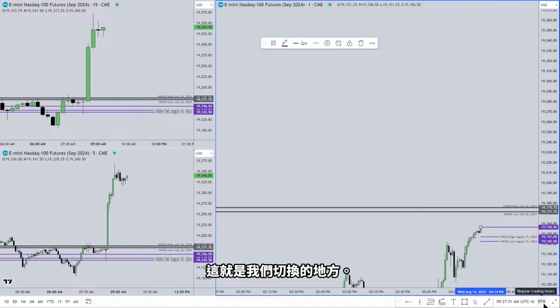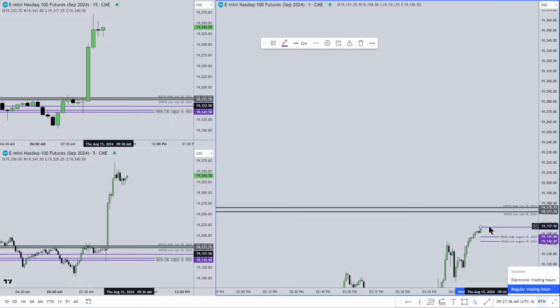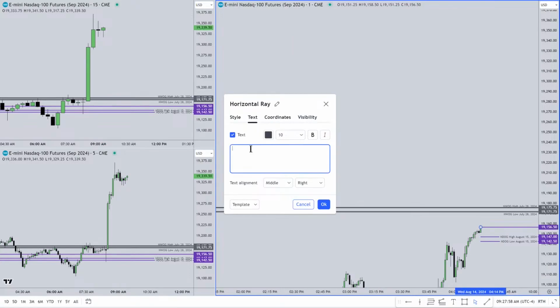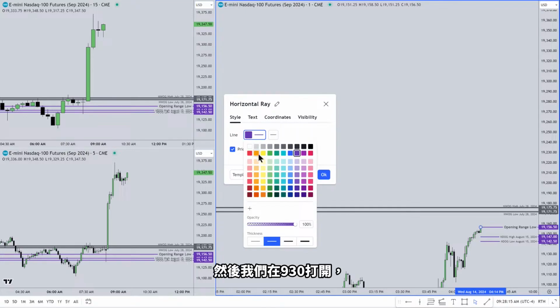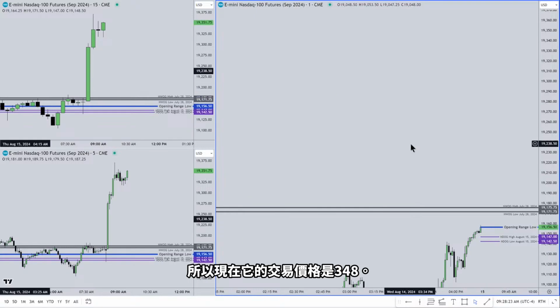Again, down lower right hand corner, that's where we're toggling, and then we will use this, and then where we open up at 9:30, we will annotate that.